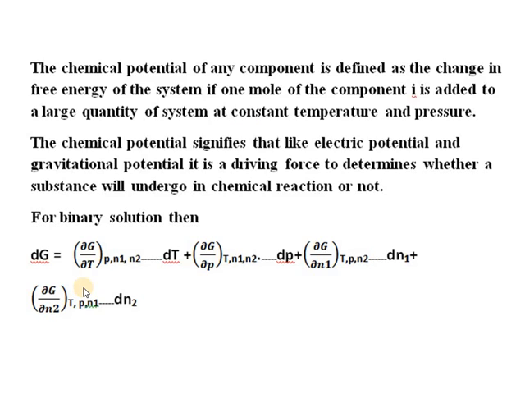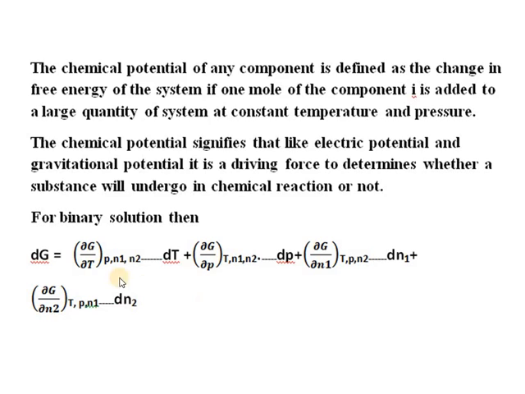For binary mixtures of solutions, the equation becomes dZ is equal to (∂Z/∂T) at P, n1, n2 dT plus (∂Z/∂P) at T, n1, n2 dP plus (∂Z/∂n1) at T, P, n2 dn1 plus (∂Z/∂n2) at T, P, n1 dn2.